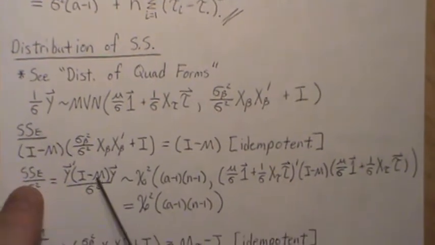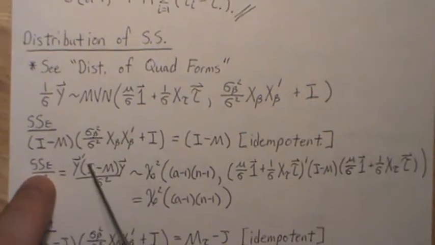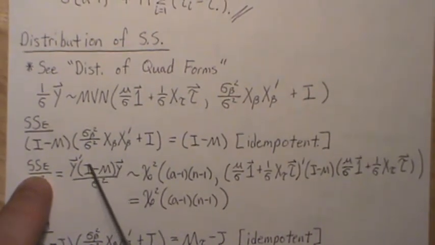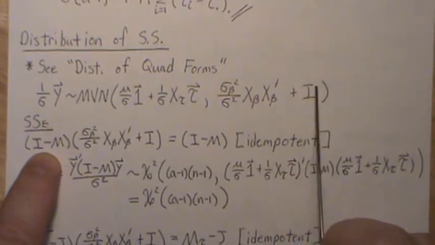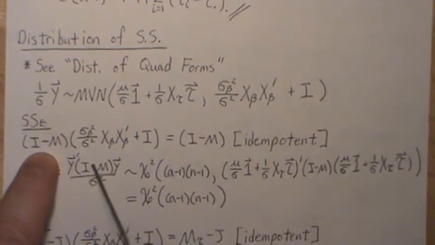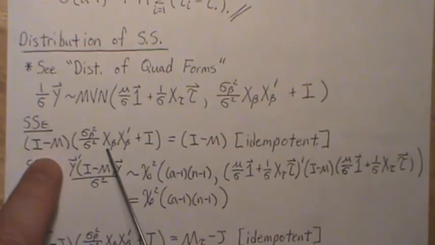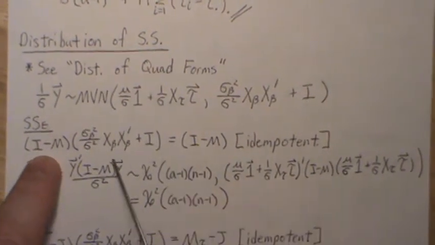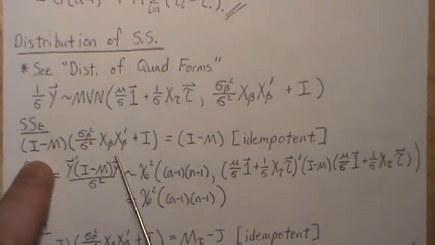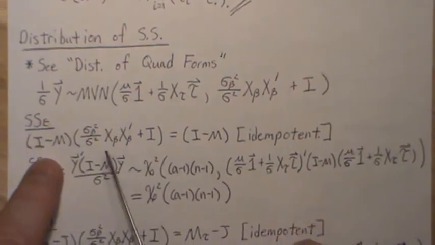So we're going to try to find the distribution of the sum of squared error. And this is the matrix in the middle. That's what this is. And this is the variance. So this matrix times the variance-covariance matrix has to be idempotent for us to use this theory. So we have to take this distribution and see if it's idempotent.